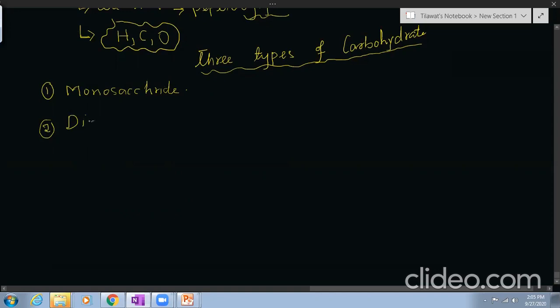And the third one we have polysaccharide.